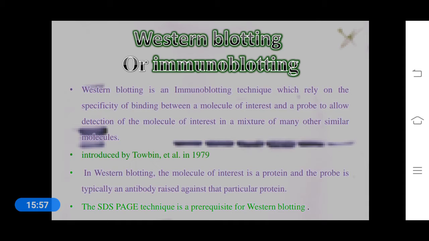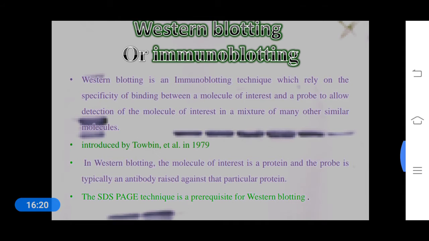Okay, this is Western blotting, and this was developed by Towbin and his co-workers in the year 1979. In Western blotting, the molecule of interest is a protein and the probe is typically an antibody raised against the particular protein. Okay.